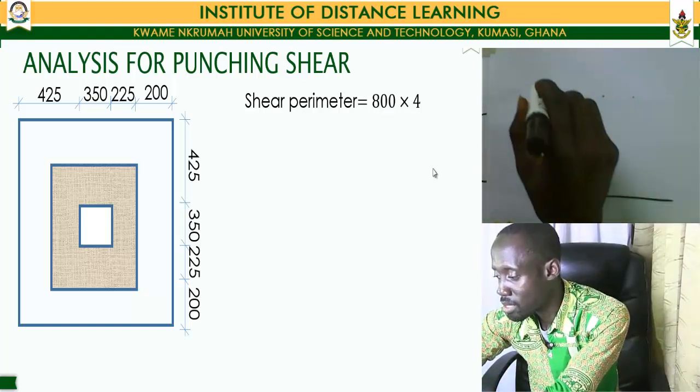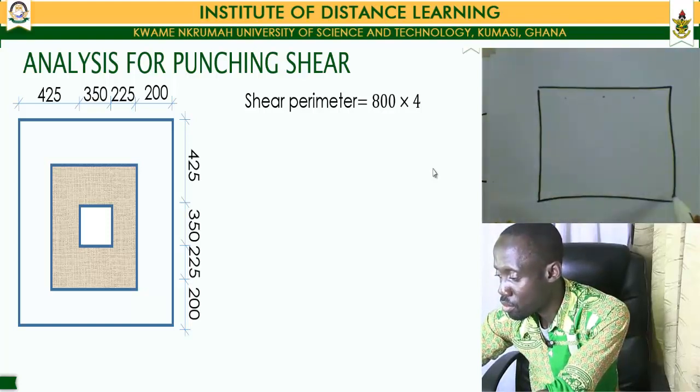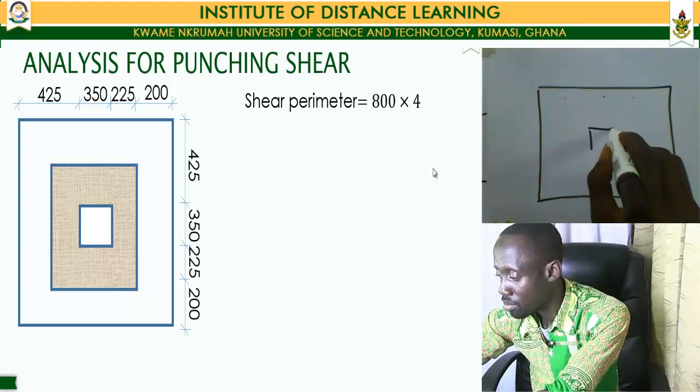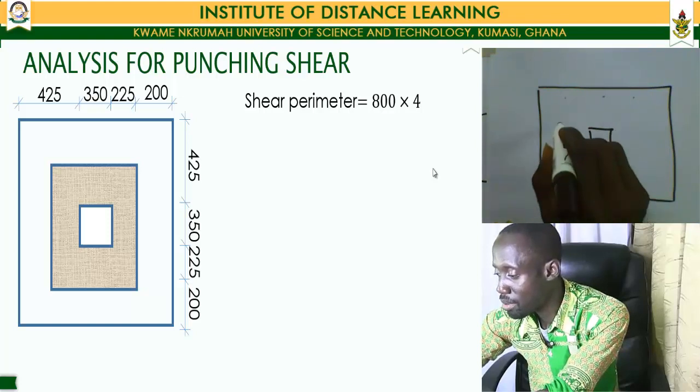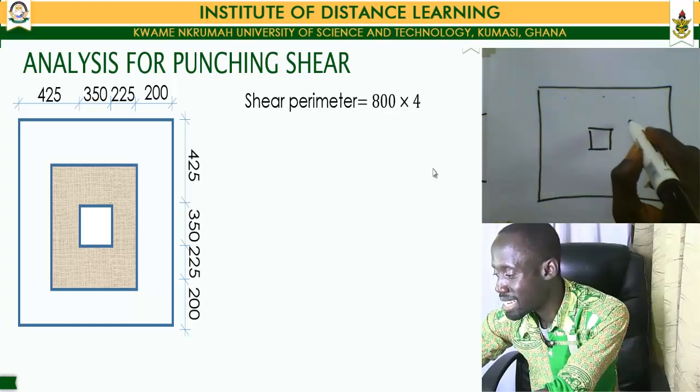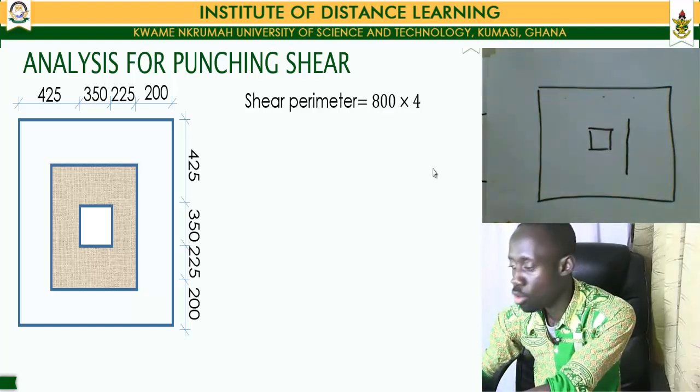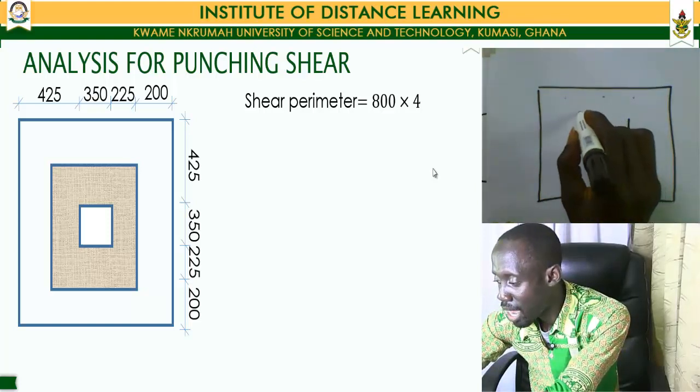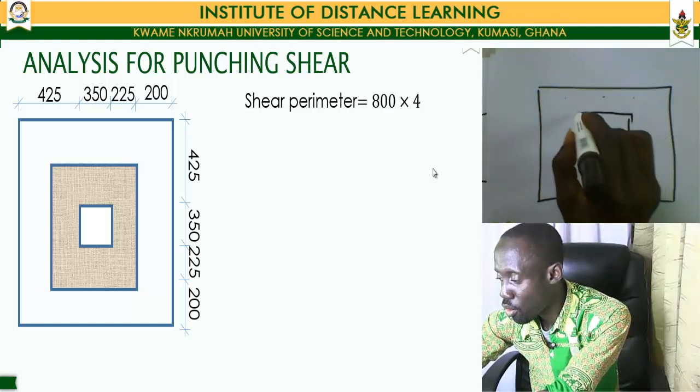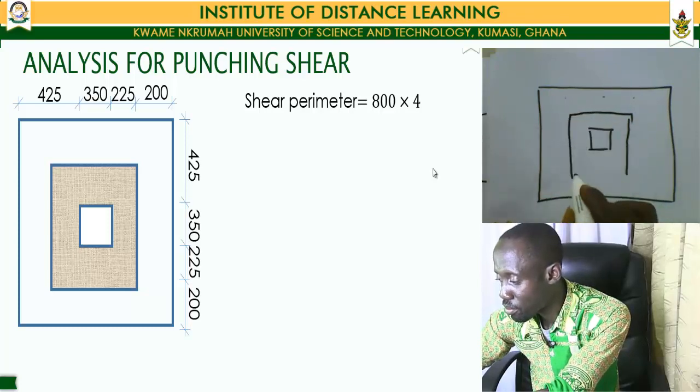Now, taking this as the pad foundation with this as our column, our punching shear is supposed to be at a distance of 1.5d from the face of our column, and that is supposed to be calculated along all the sides of our column.